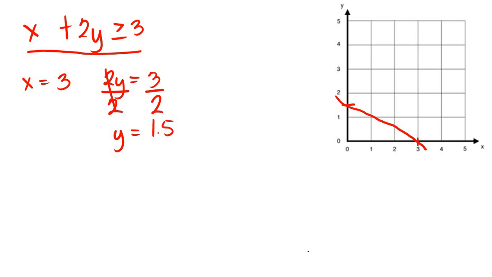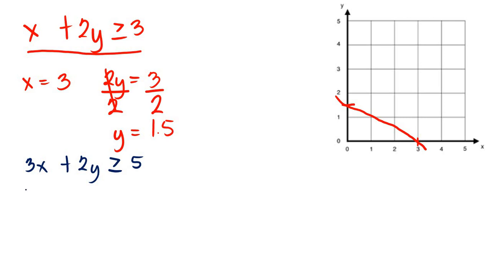Our next one, we are going to compute for the x and y using the second constraint. So our second constraint is 3x plus 2y is greater than or equal to 5. Again, we are going to treat this as an equation to get the value of x and y.